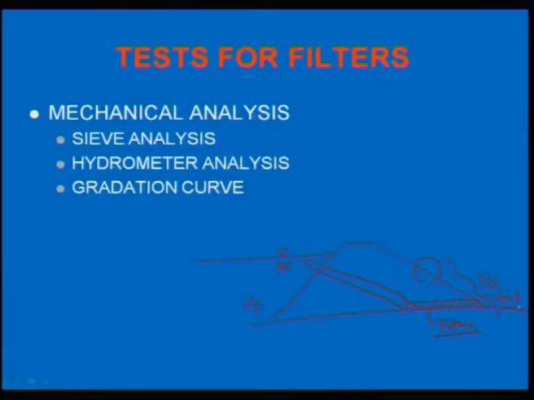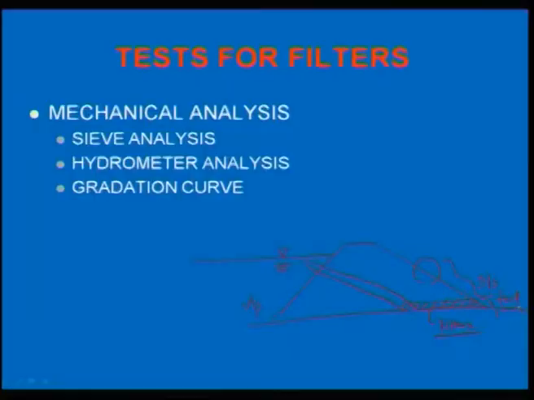These are the materials related to your coefficient of permeability, because the moment you say filter, you want to know its permeability, how much discharge it allows per second or per minute or per hour, what quantity of water should pass through this filter. That means gallons or cc, cubic centimeter, per hour or per minute or per second, that you will decide. So, what are the tests for your filters? Mechanical analysis, generally sieve analysis, hydrometer analysis and gradation curves.